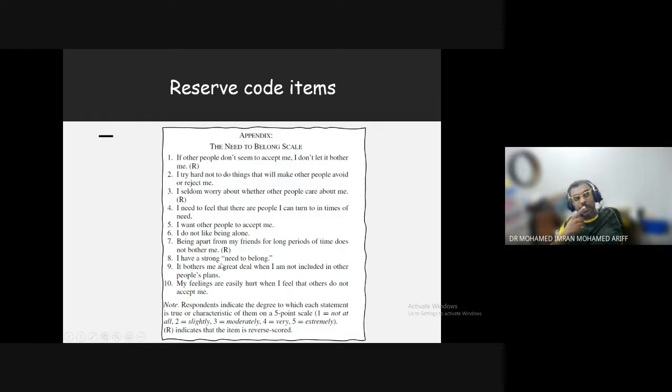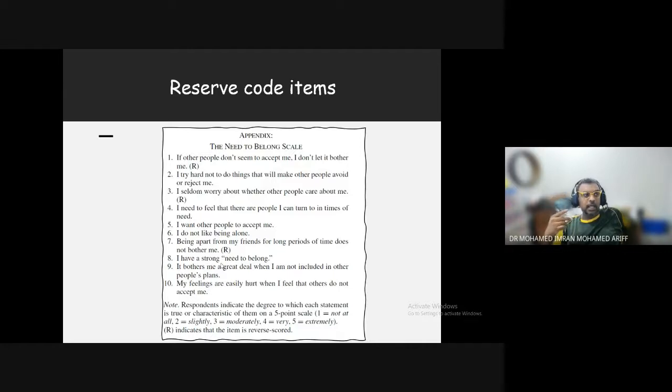So the question now is, how many reverse coded items that you need dalam satu survey? Well, it depends. Ada study yang mengatakan bahawa for the number of variables dalam setiap variable itu, you need to have at least 2 reverse coded items.